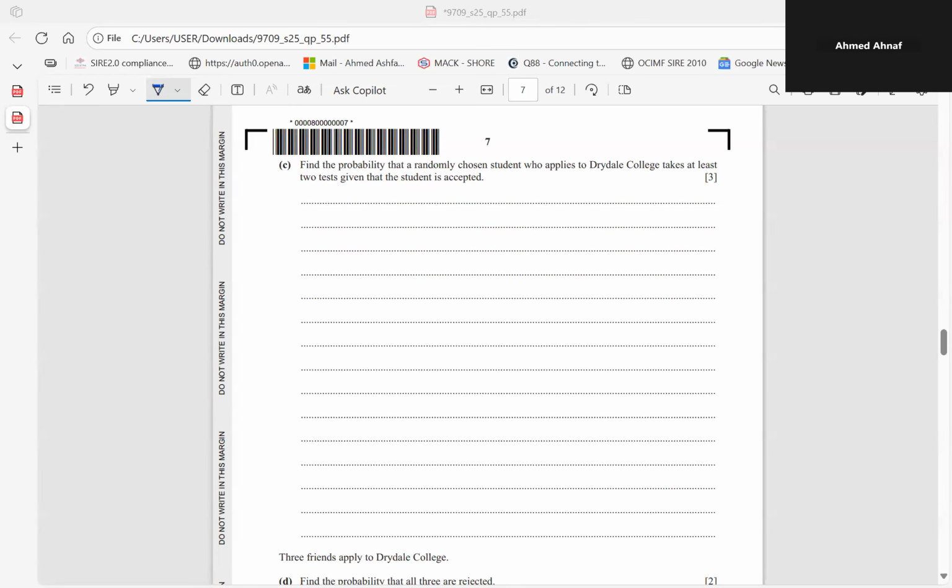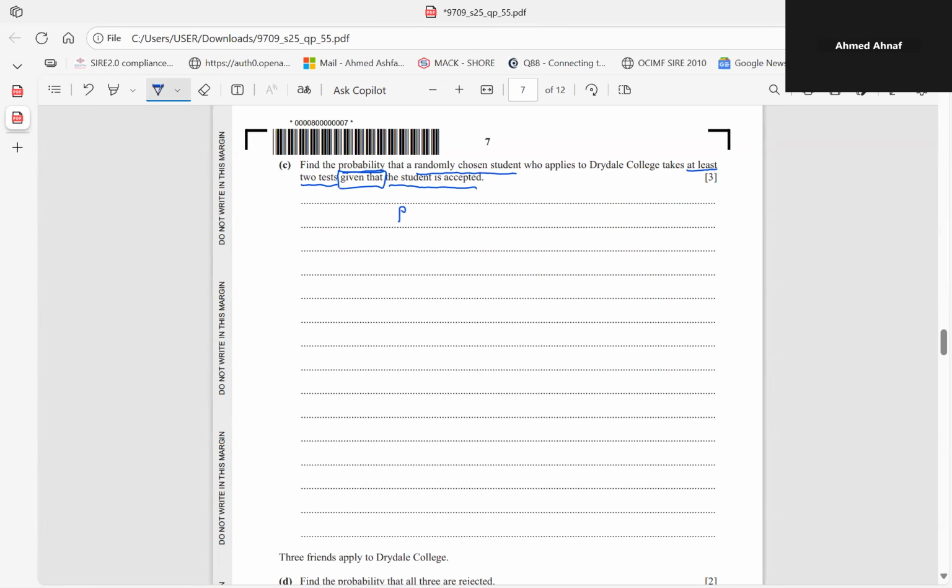For this part, we're supposed to find the probability that a randomly chosen student who applies to Drysdale College takes at least two tests, given that the student is accepted. So this is a conditional probability question.